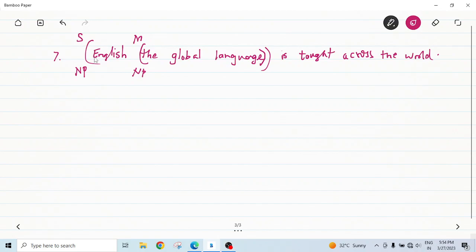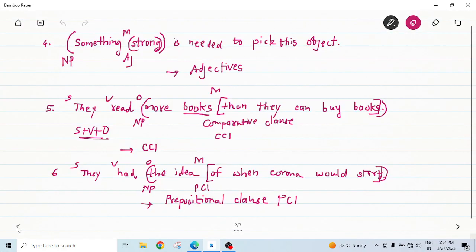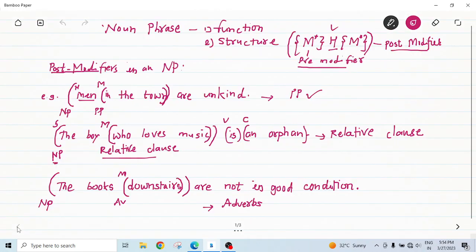So even a noun phrase can function as post modifier in a noun phrase. So all these examples show that various types of clauses and words can function as post modifiers in a noun phrase.